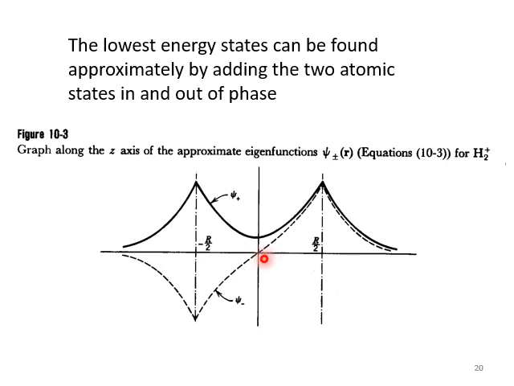So as a result, when we square this out, we're going to get a probability density for the antisymmetric case which goes to 0 between the two, and for the symmetric case, the probability density does not go to 0 between the two.